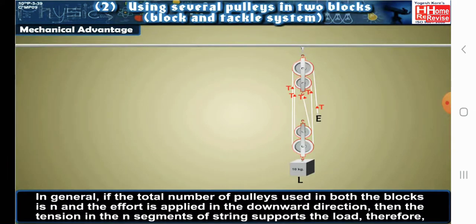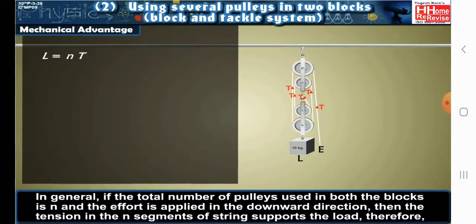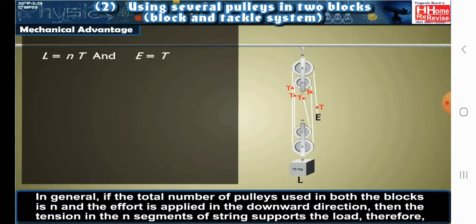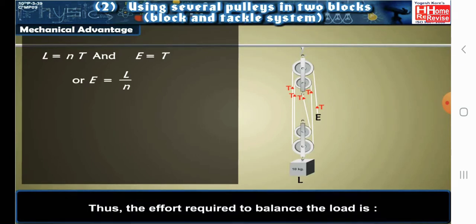In general, if the total number of pulleys used in both the blocks is N and the effort is applied in the downward direction, then the tension in the N segments of string supports the load. Therefore, L is equal to NT and E is equal to T, or E is equal to L upon N. Thus, the effort required to balance the load is E is equal to load L upon N, the number of pulleys.